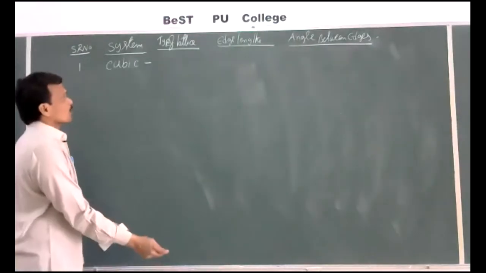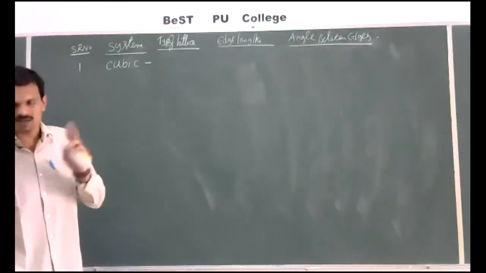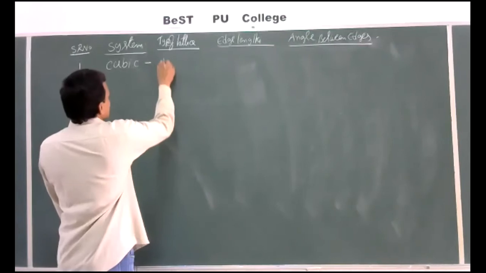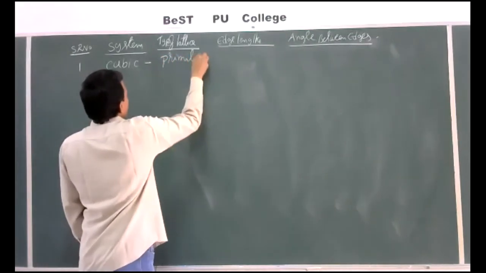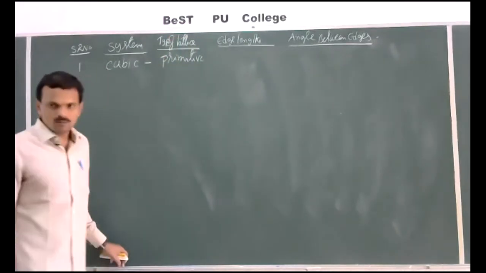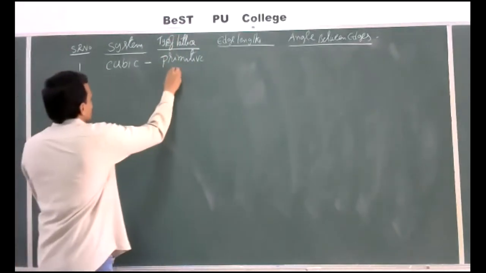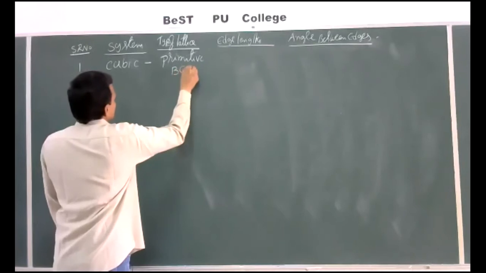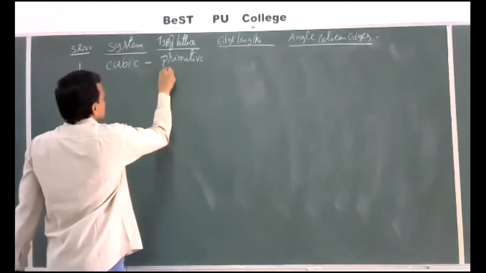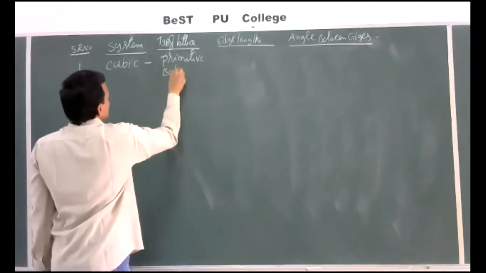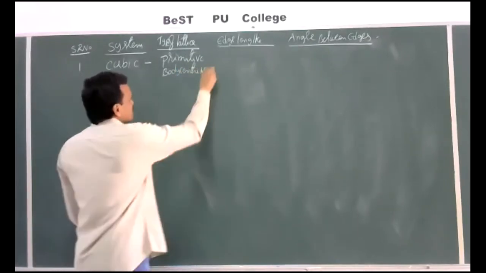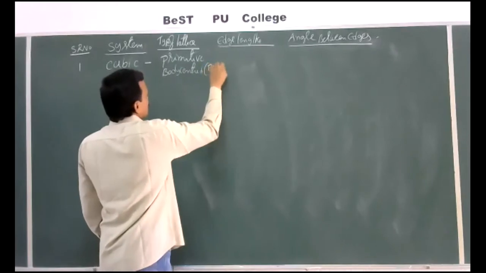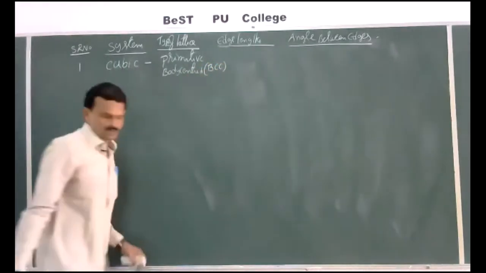So this cubic system contains three types of lattices. One is primitive or simple, either you can write. Primitive unit cell. BCC, nothing but body centered. So this body centered in a short form will represent as BCC with capital letters.